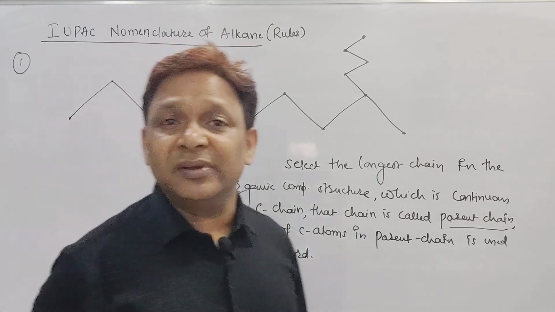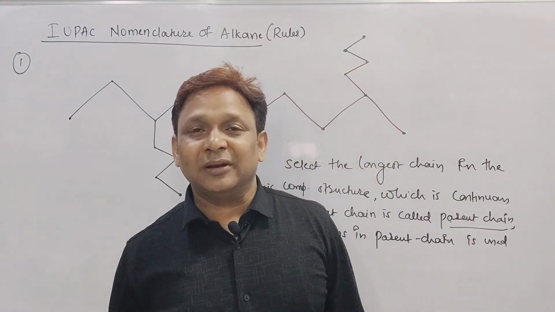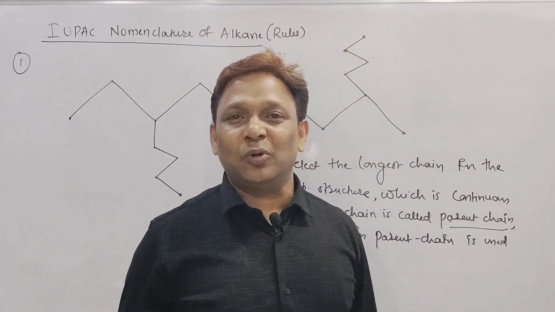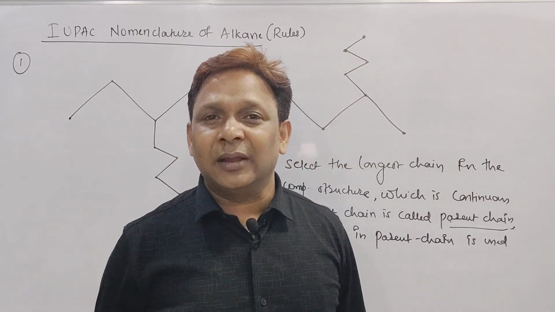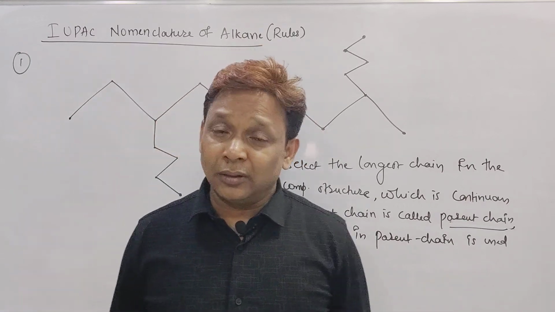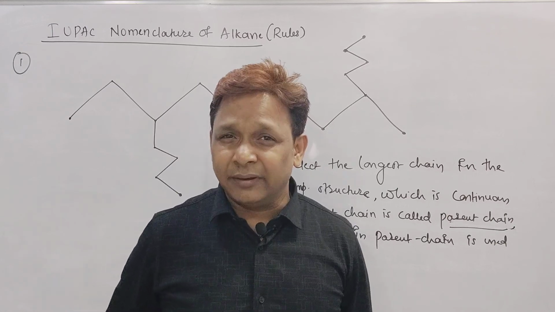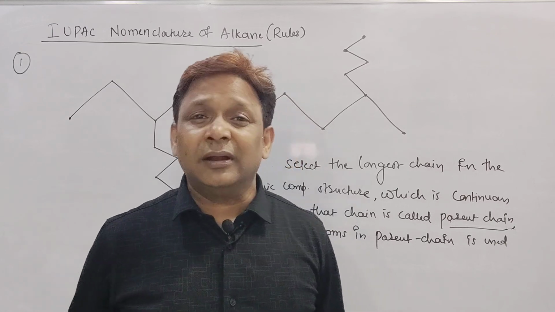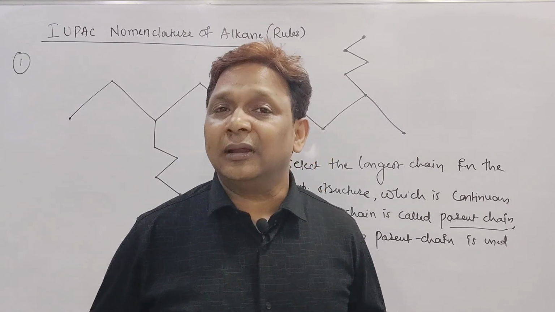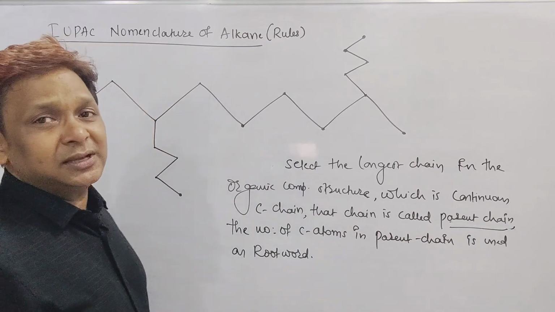Did you remember in my previous video I told you, a compound containing 1 carbon is meth, 2 carbon is eth, 3 carbon is prop, 4 carbon but, 5 carbon pent, 6 carbon hex, 7 carbon hept, 8 carbon oct, 9 carbon non, 10 carbon dec, 11 undec, 12 dodec, 13 tridec, 14 tetradec. So the number of carbons in the parent chain is used as a root word.